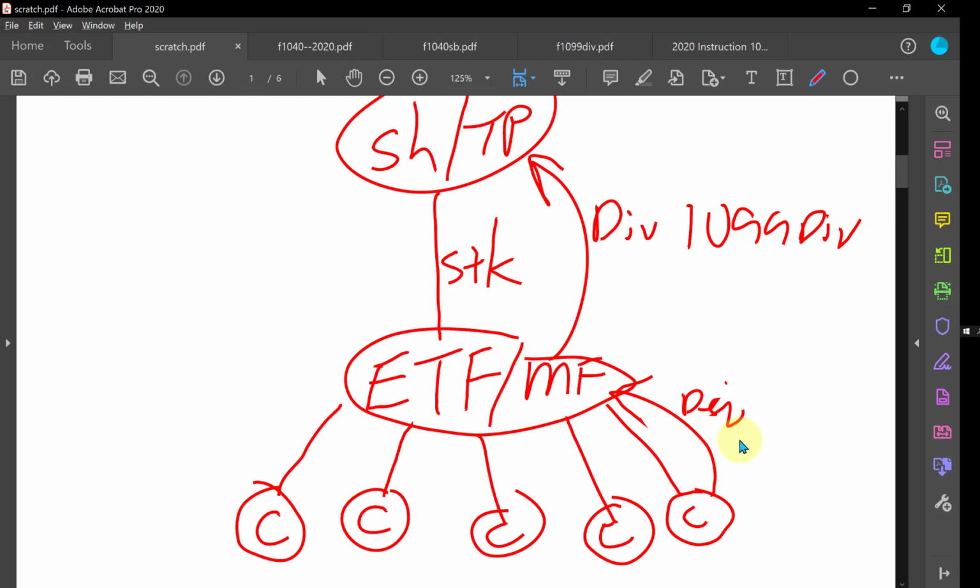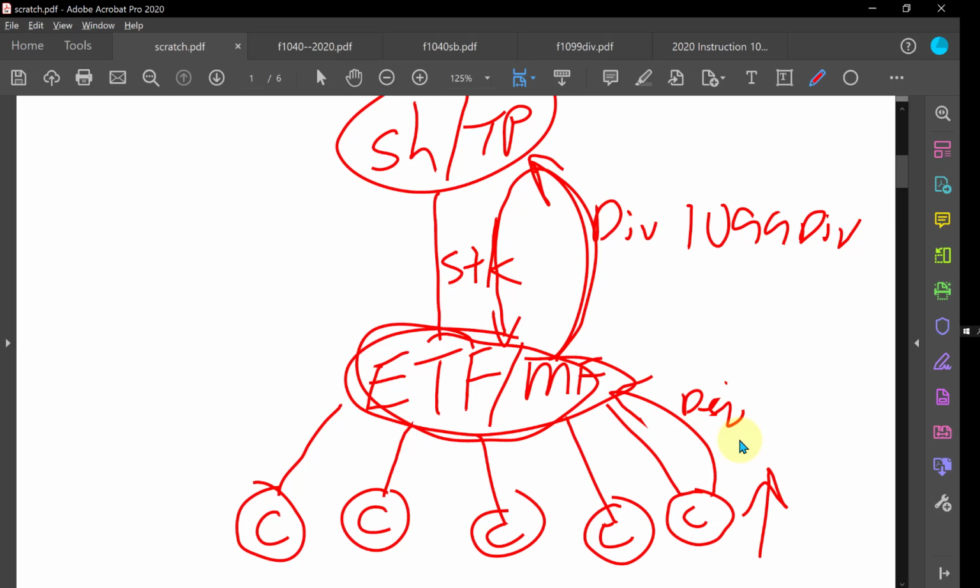Most times, the shareholder would not take the cash, but have it reinvested to buy more shares of the exchange traded fund. That's how you can accumulate wealth even faster than having the underlying stocks increase in value.